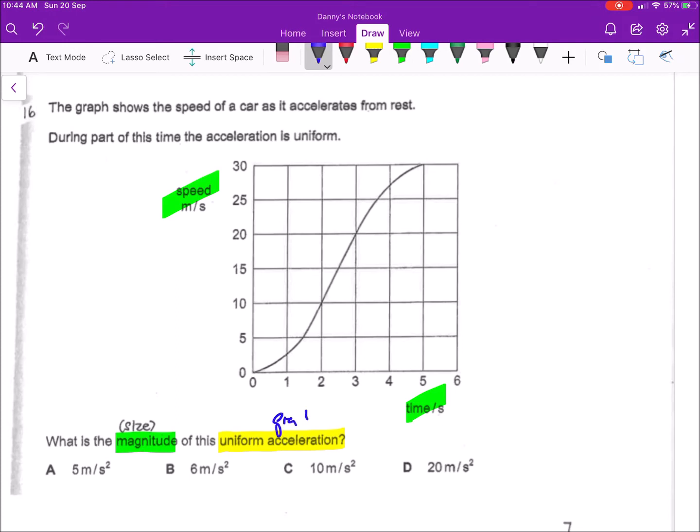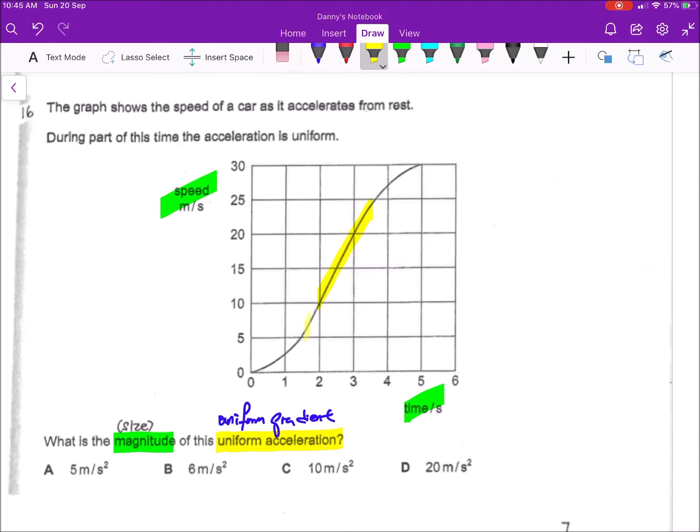So we want to find uniform acceleration. In other words, we want to find uniform gradient. Uniform gradient means a straight line. So a straight line would be something like this. So this yellow part here seems to be a straight line, especially from this part to this part. To find the gradient, I need to read the coordinates. If I read this coordinate, it will be 2, 10.